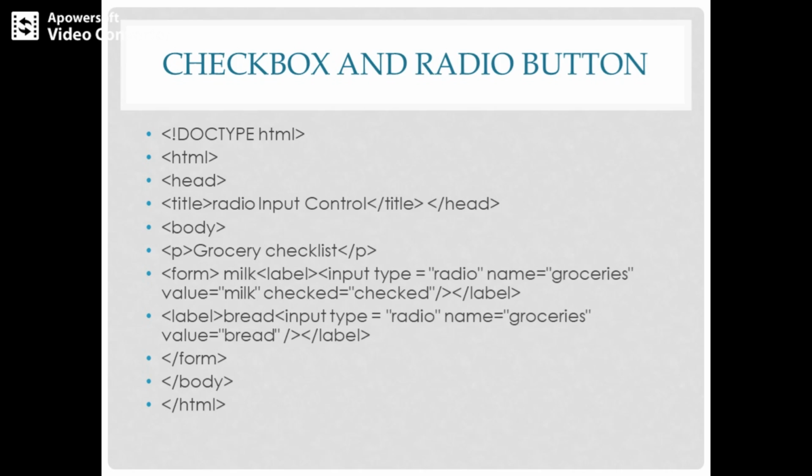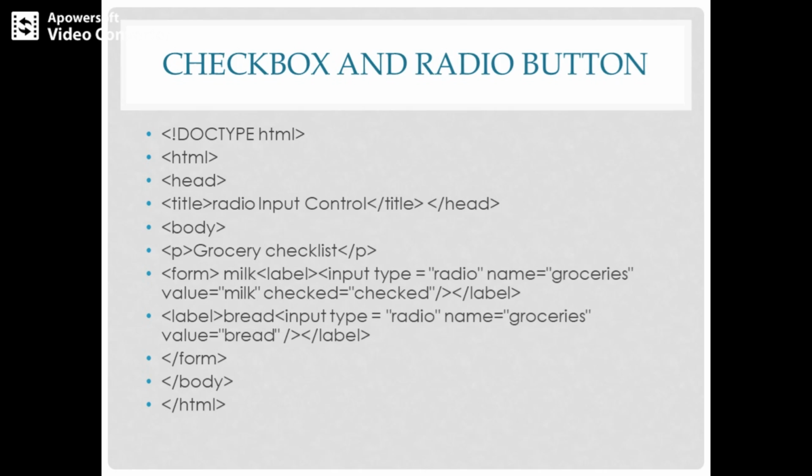Whatever name is given, for example here groceries, this value is added to groceries. So the value names, milk as well as bread, are added. All these come under groceries.